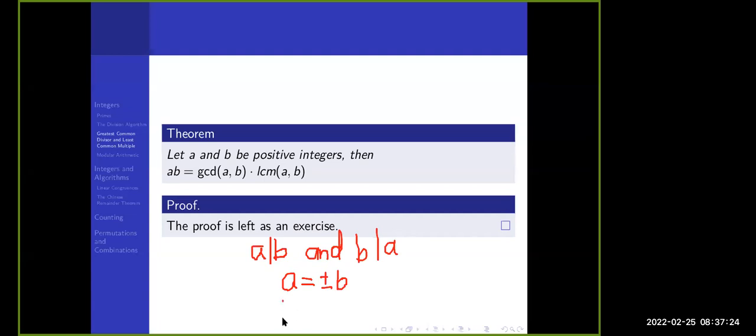Or the other way to write it is that the absolute value of A will be equal to the absolute value of B. So I hope you're able to prove it.